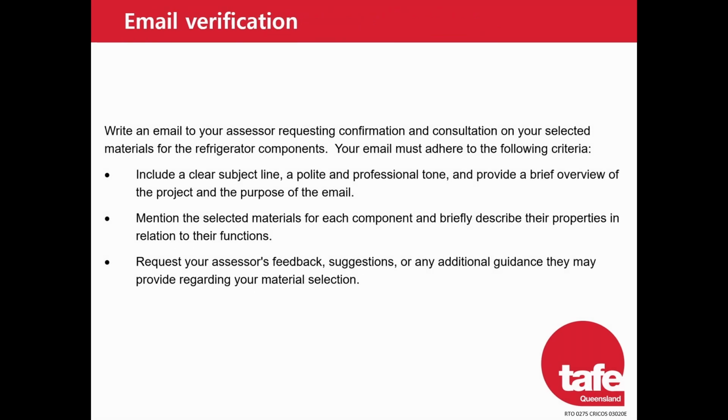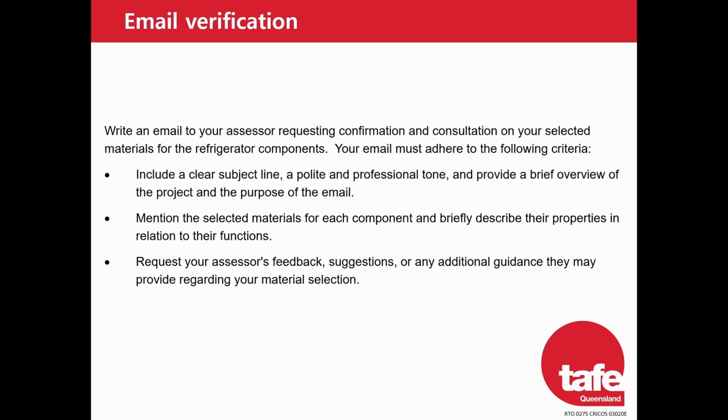Once you've selected your 4 materials and provided the reasons for the selection of those materials by completing the table in question 1, you are then required to write an email to your assessor requesting confirmation and consultation on your selected materials for the refrigerator components. Your email must adhere to the following criteria.